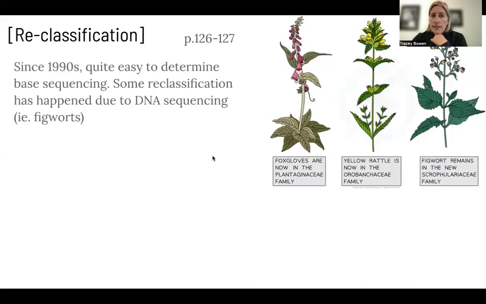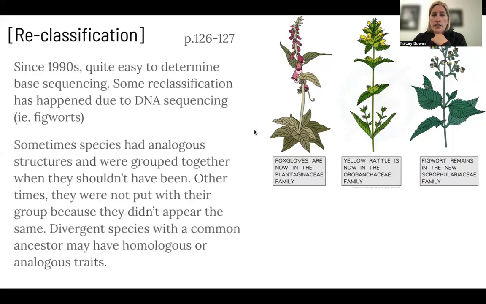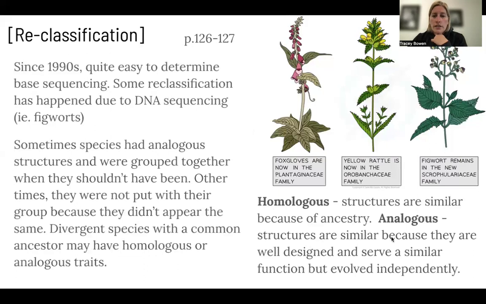In the 90s, it became quite easy to determine base sequences of DNA. And as a result, some reclassification happened, especially with plants, due to DNA sequencing. Sometimes species had analogous structures and they were grouped together when they shouldn't be. Remember, analogous structures are structures that are similar because they're well designed and serve a similar function, but they evolved independently.